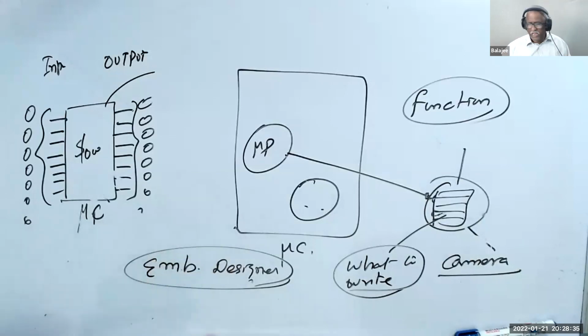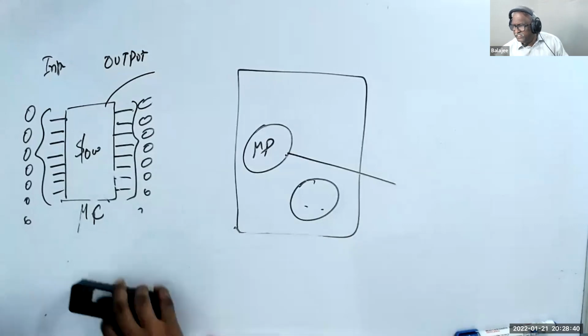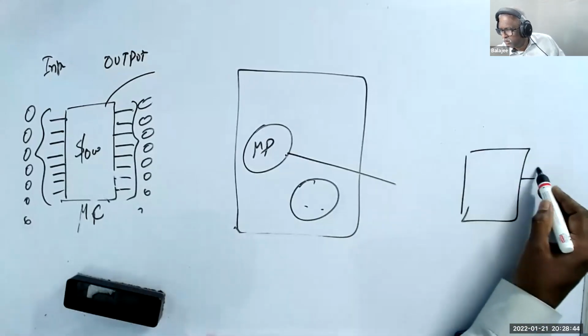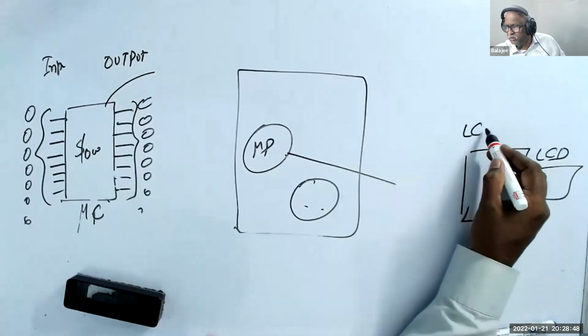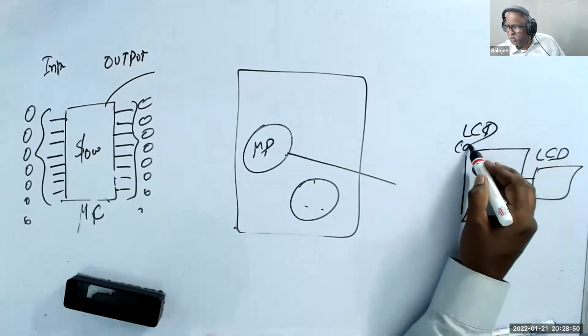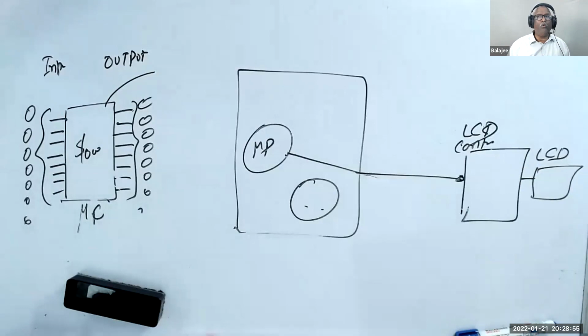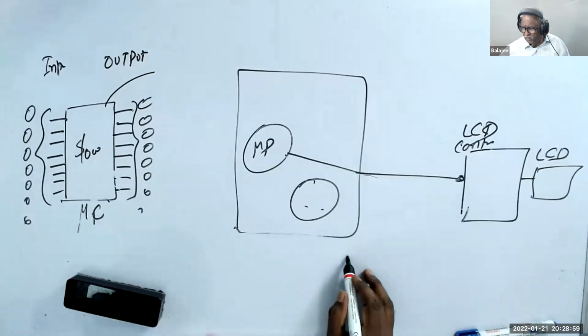That means, let us assume I have an LCD controller, and I connected it to this guy. Now, let us say my LCD doesn't have the rupee symbol.